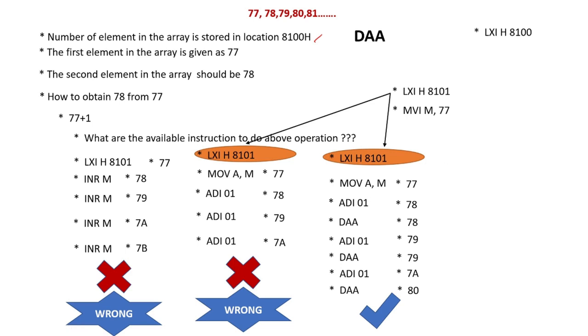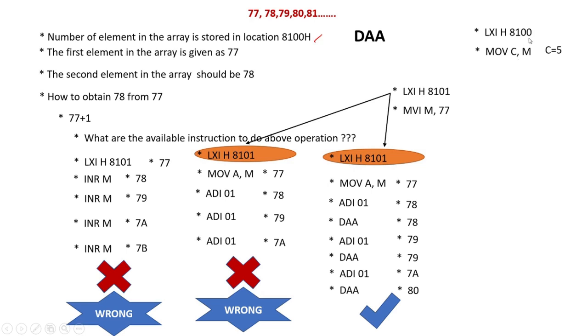We save that count into the C register by means of the instruction MOV C, M. So the count, that is the number of elements in the array, is now available in the C register. In our case we can have 5 numbers in the array, starting from 77, 78, 79 and so on.